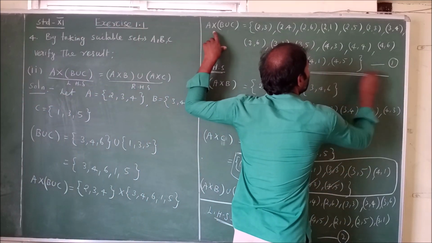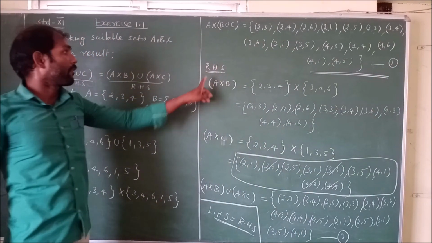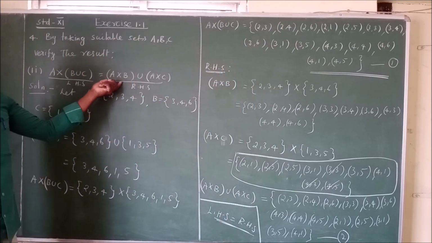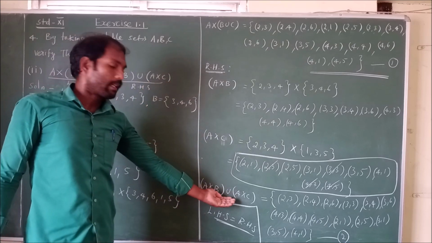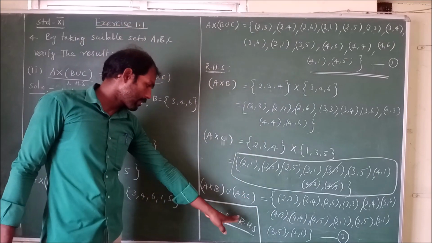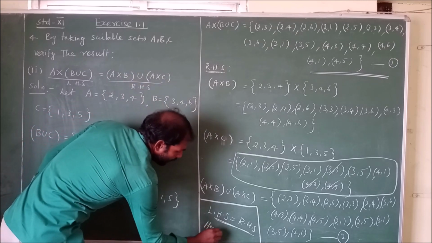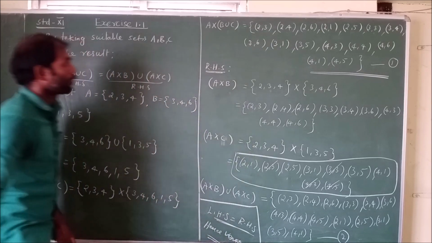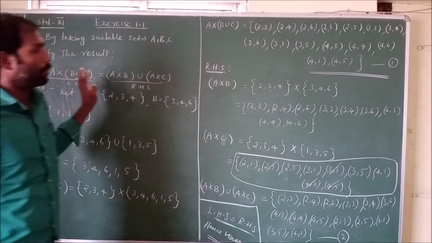Then we find the RHS: first A cross B and A cross C, then the union of A cross B and A cross C, which is result 1. So LHS equals RHS, hence verified.